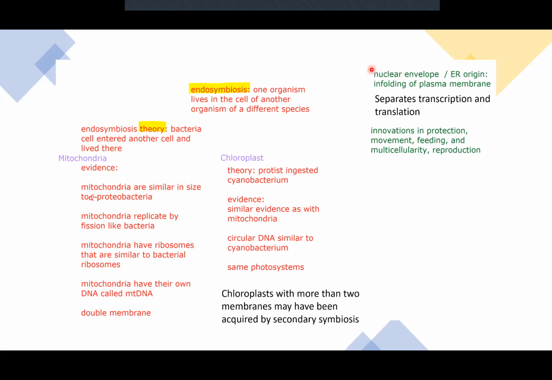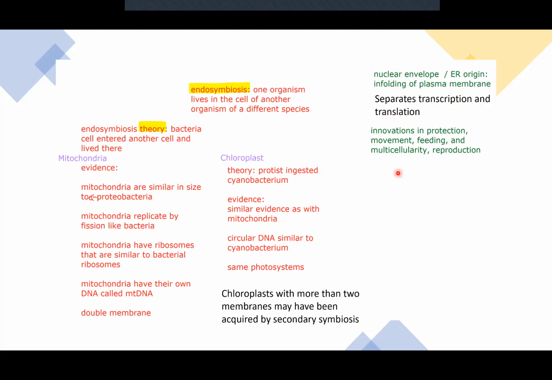Another origin theory that we talked about was the nuclear envelope and the endoplasmic reticulum. We discussed that this may have been from an infolding of the plasma membrane. This is important because this separates the locations of transcription and translation.